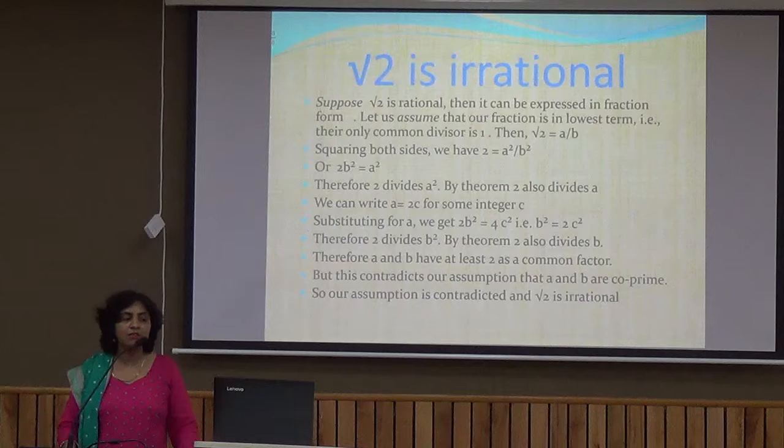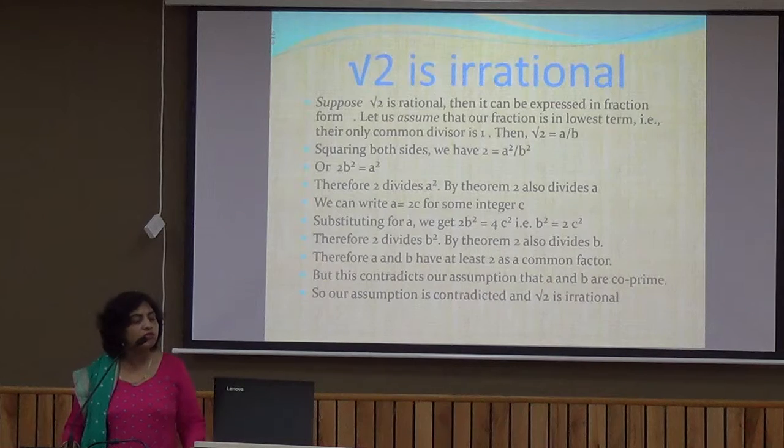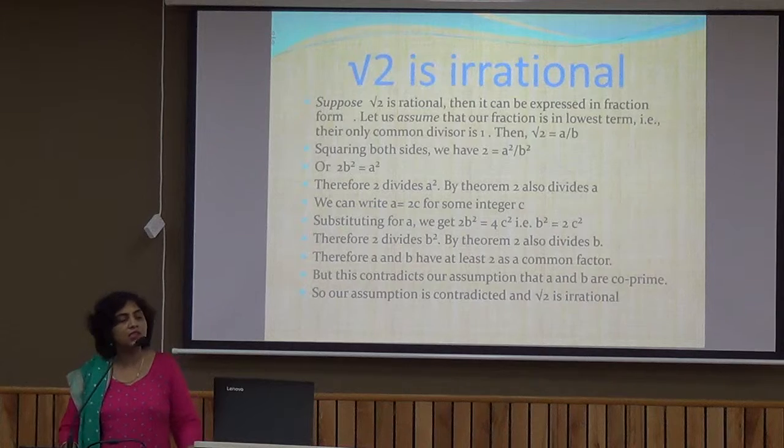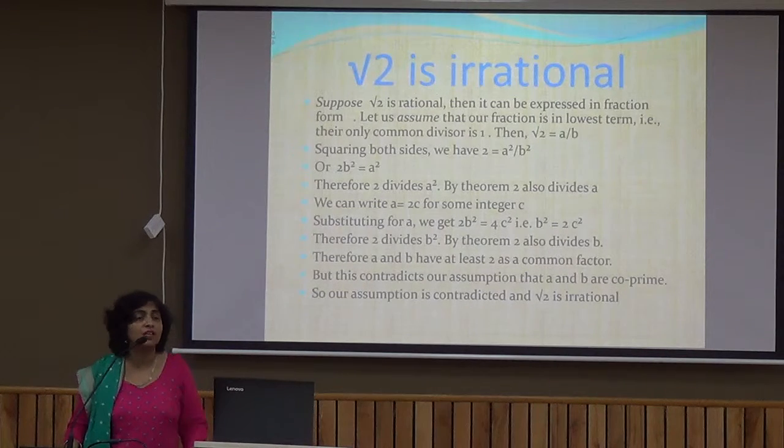When 2 is dividing B square, it shall also divide B. That means B is also a multiple of 2, and we say that A and B both have 2 as a common factor. But this contradicts our assumption that A and B are co-prime. That means the assumption that square root 2 is rational is wrong, and hence square root 2 is irrational.